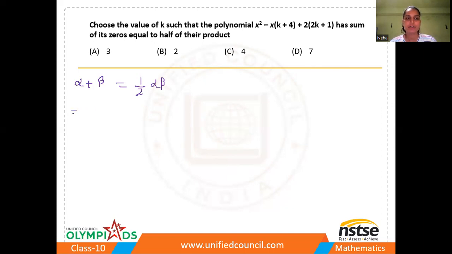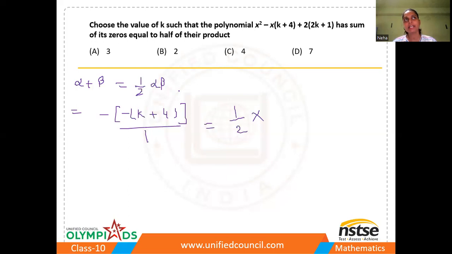So alpha plus beta, the sum of the zeros, is nothing but minus b by a. So minus b, this is already in minus, so it is k plus 4, and a, the coefficient of x square, is 1. Now this is half multiplied by alpha into beta.